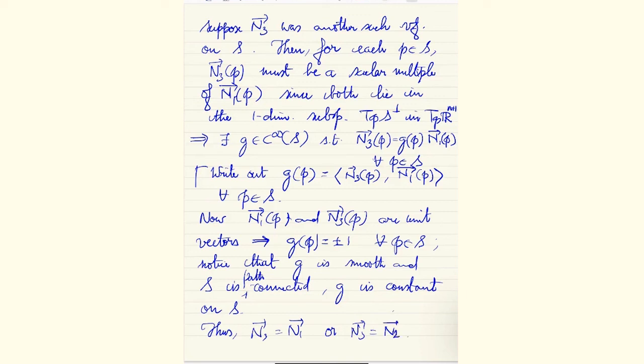So this is what we wanted to show. So this is why we had to assume connectedness. Otherwise, on each connected component, things could take whatever value, right? So then you won't have this sort of uniqueness statement.